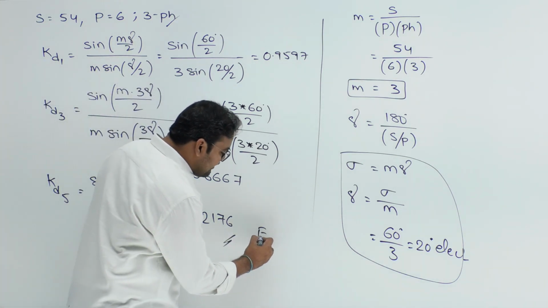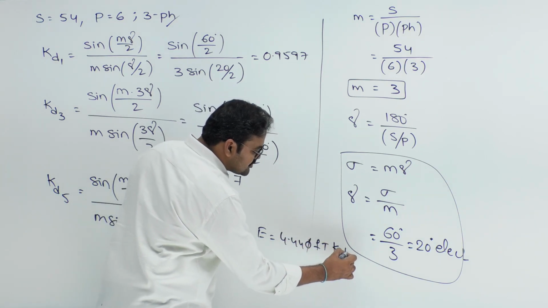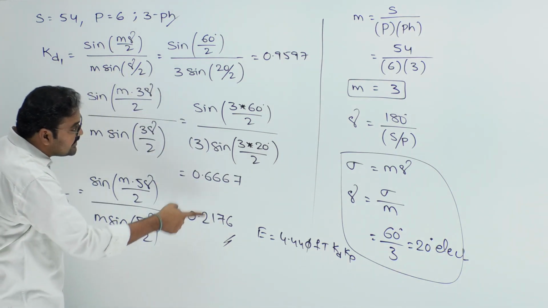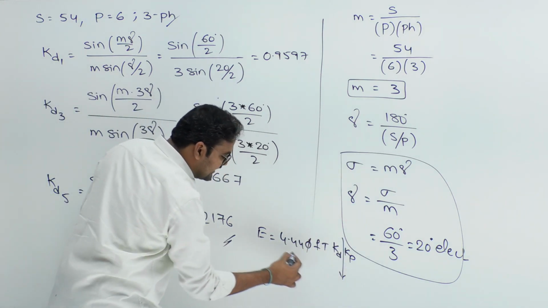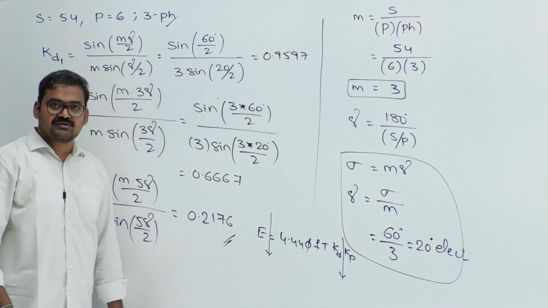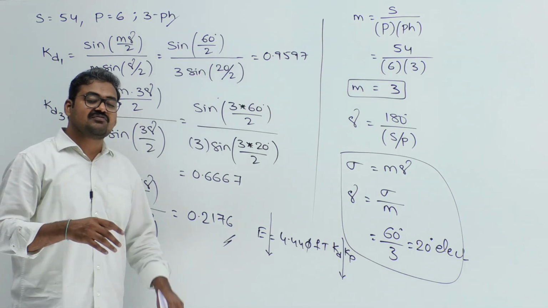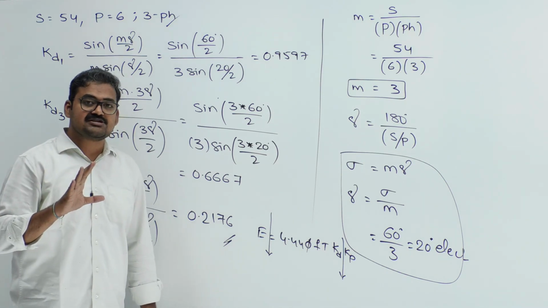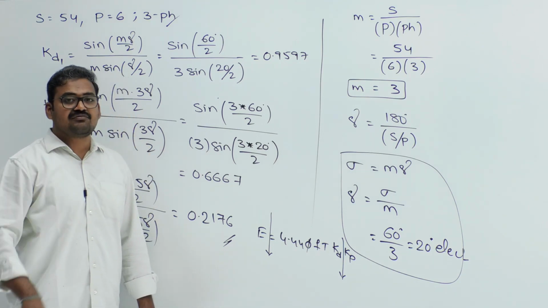So we know EMF is equal to 4.44 phi f t into distribution factor into pitch factor, right? You see that as the harmonic number is increasing, the distribution factor value is decreasing. If the distribution factor decreases, the corresponding harmonic EMF magnitude will also decrease. That's why distributed winding will reduce the value of harmonic voltages, or will increase it, or will not change it? Yes, distribution of the winding will definitely reduce the magnitude of the harmonics.